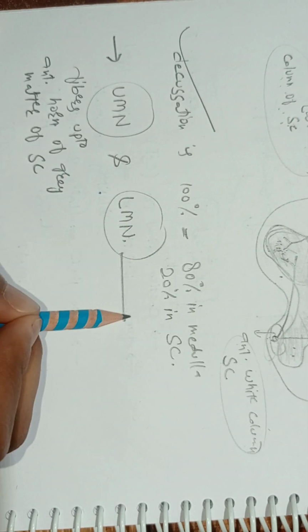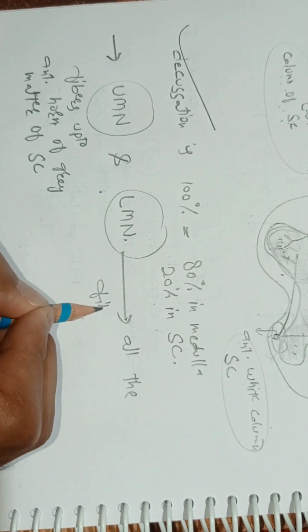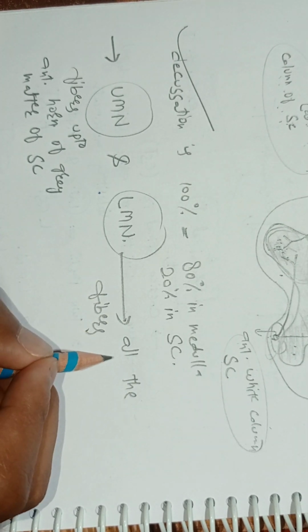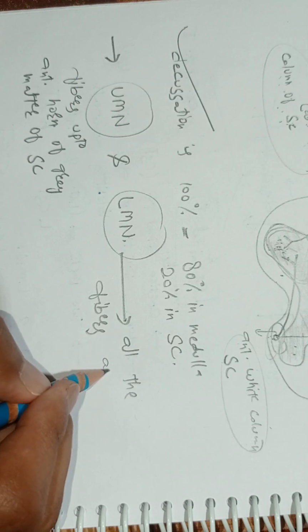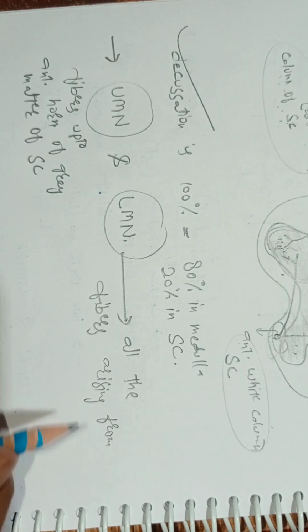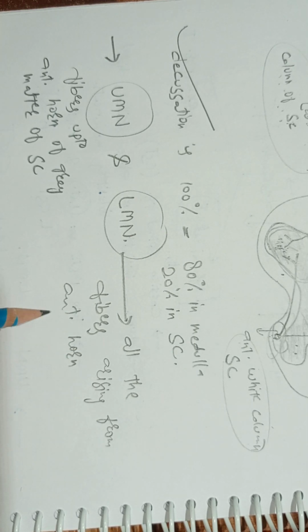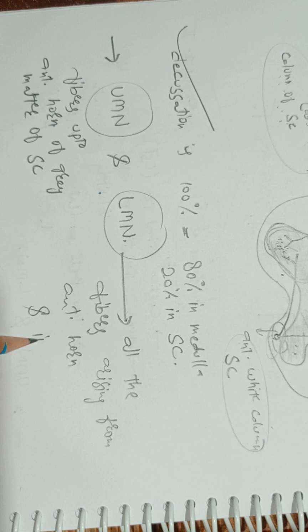And what is the lower motor neuron? All the fibers arising from, and including, the anterior horn.